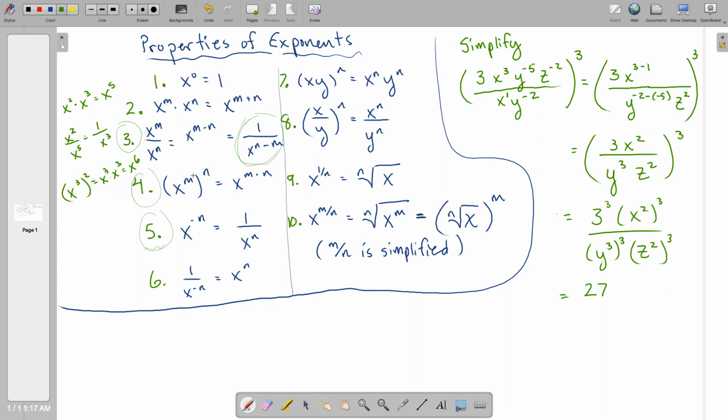So we know if I have a power raised to a power, it's time to just multiply those exponents. So in the end here, we get 27x to the 6th over y to the 9th, z to the 6th. All right, and that would be our simplified expression.